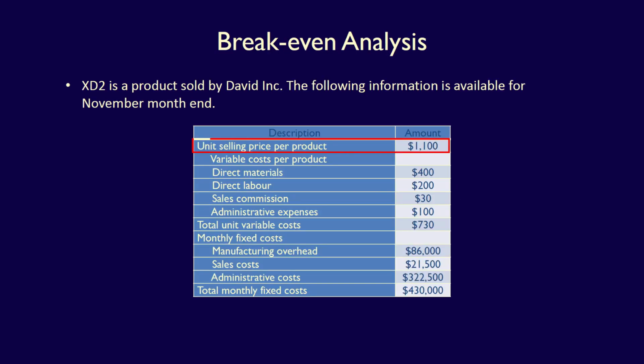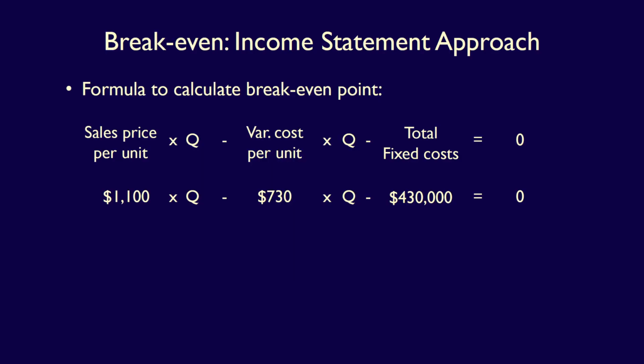David's sales price per unit is $1,100, their variable cost per unit is $730, and their total fixed cost is $430,000. We're going to use this information in the formula. 1,100Q minus 730Q minus $430,000 is equal to zero.